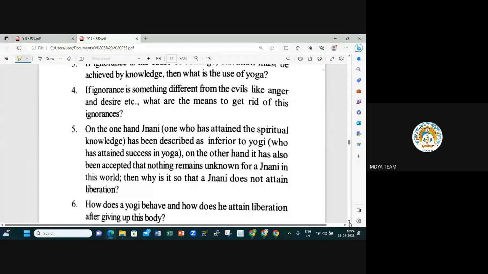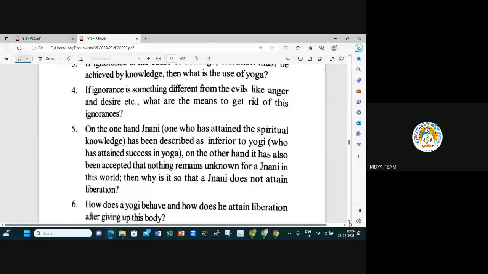So Goddess Parvati is asking: you are telling that Jnani is inferior to yogi. Who is a yogi? One who has attained success in yoga. Jnani means one who has the knowledge of spirituality.